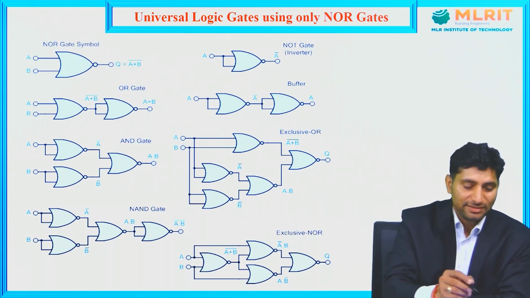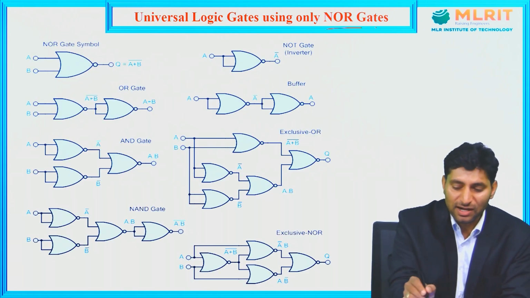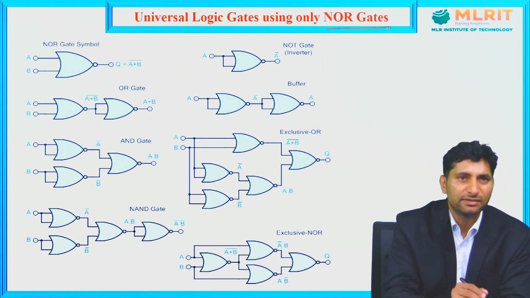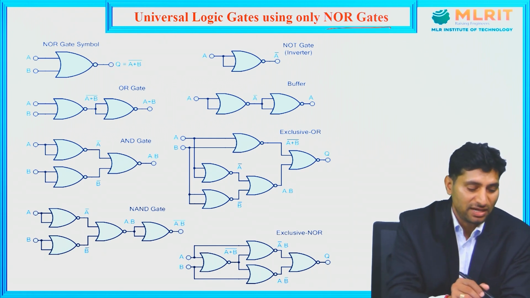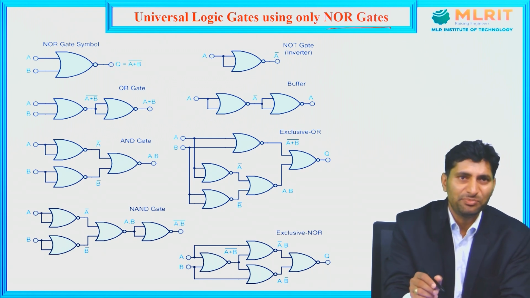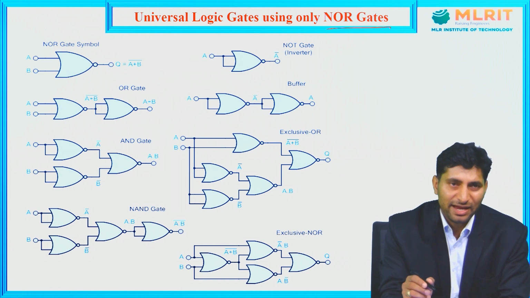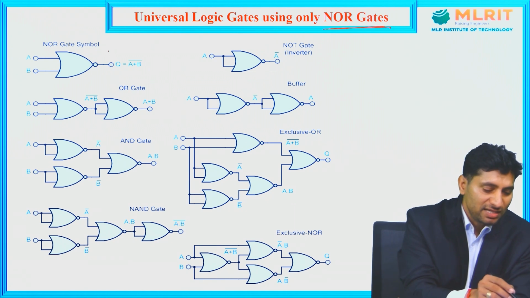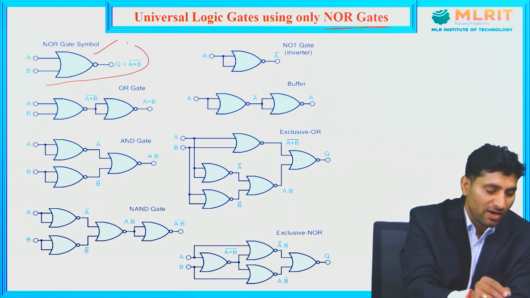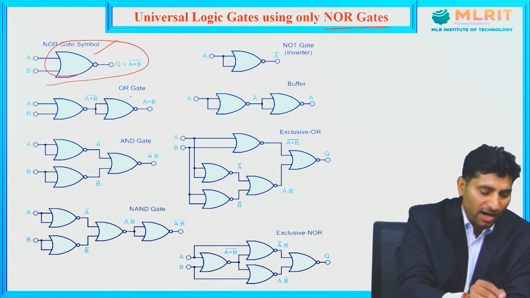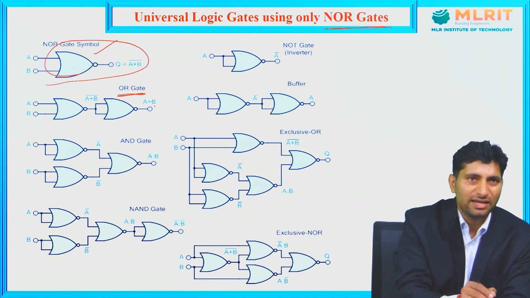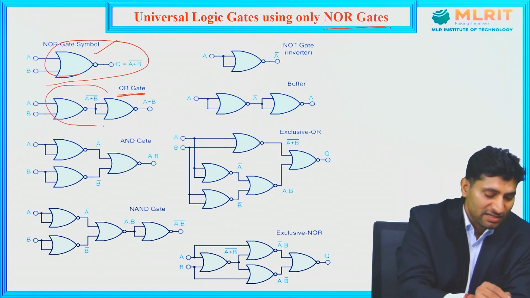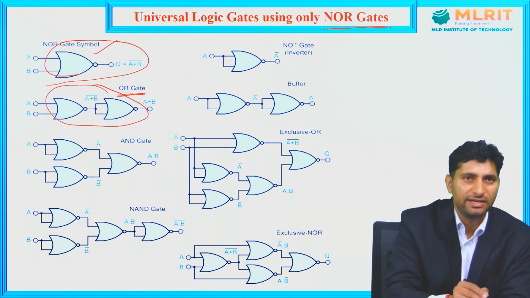Let us implement this NOR logic gate for all the remaining gates as a universal logic gate. So what I said just now in the previous case, a universal logic gate is a logic gate which can implement all the remaining logic gates. Here the NOR logic gate can be implemented by using the NOR logic gate itself, or else if I want to implement the OR logic gate, I can connect two NOR logic gates in series in this fashion.